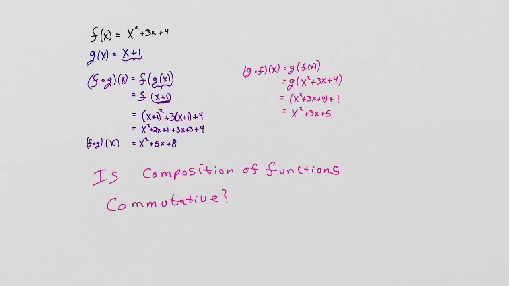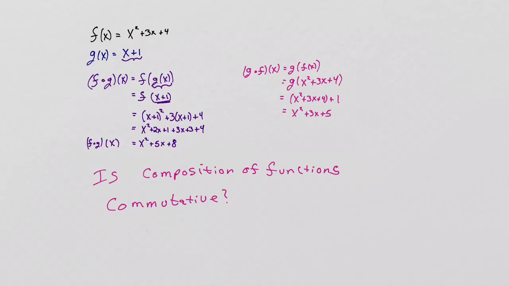Now, the commutative property holds true for addition and multiplication. What that really means is that it doesn't matter what order you add in. 2 plus 3 is the same thing as 3 plus 2, or 2 times 3 is the same thing as 3 times 2.